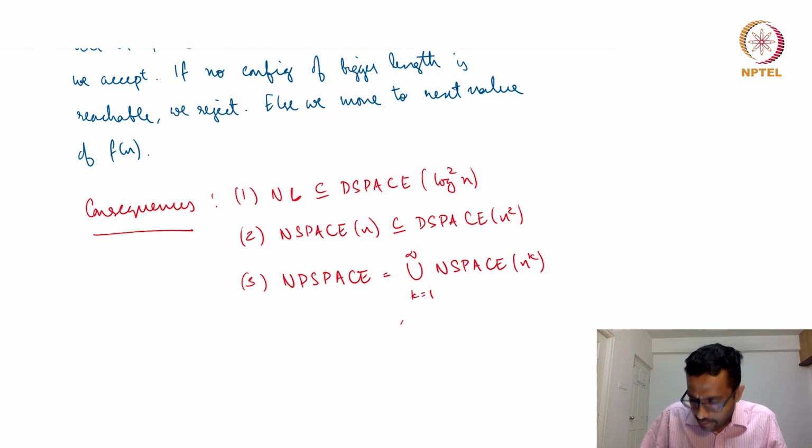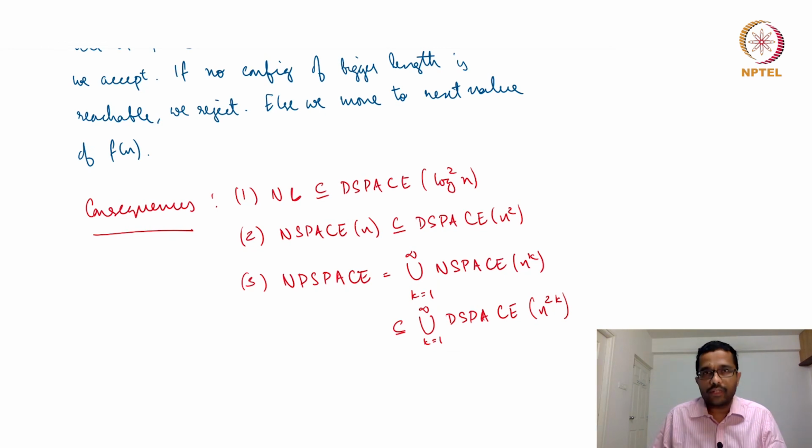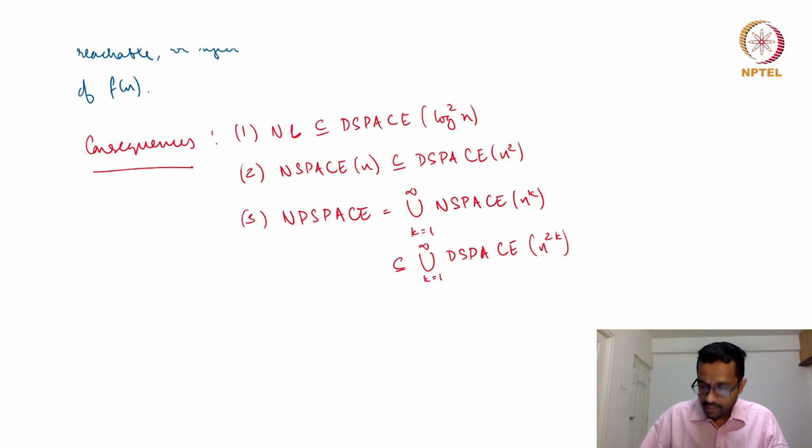Now this is contained in, for each class here, I could write deterministic space of the square of the function, which is n power 2k. But this is simply contained in the union over k equal to 1 to infinity of deterministic space n power k.